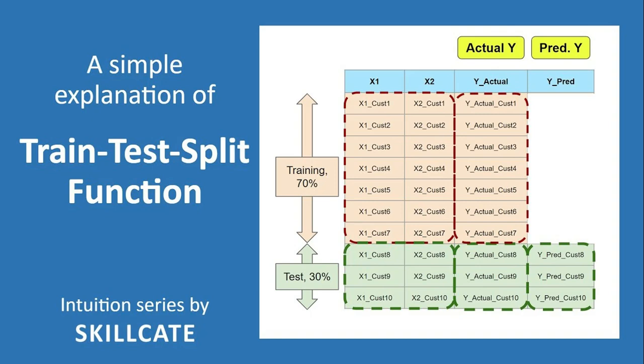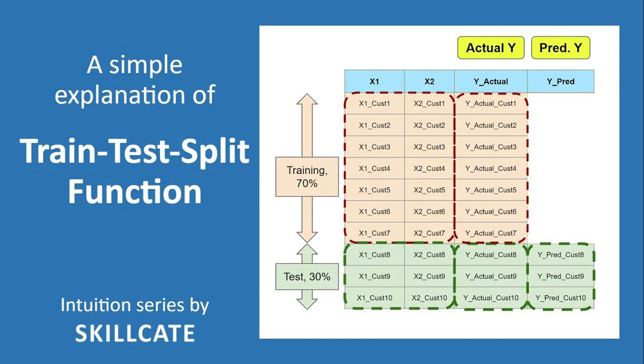We have X1,1, X1,2, X1,3, X1,4, X1,5, X1,6, X1,7, and X2,1, X2,2, X2,3, X2,4, X2,5, X2,6, X2,7.